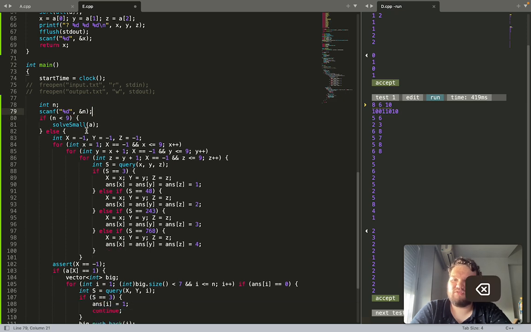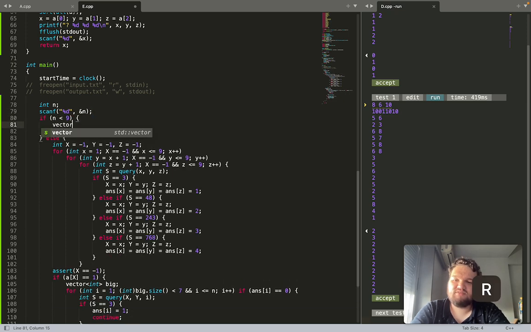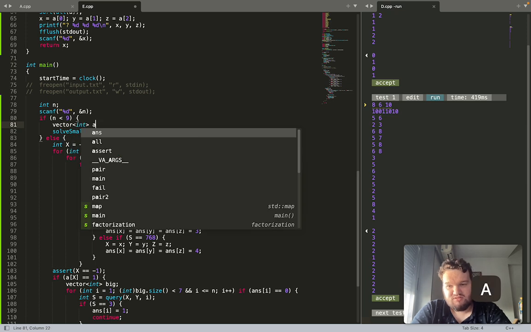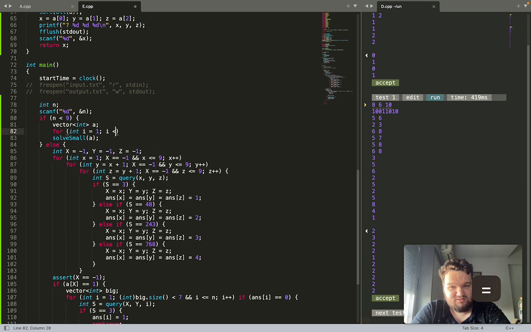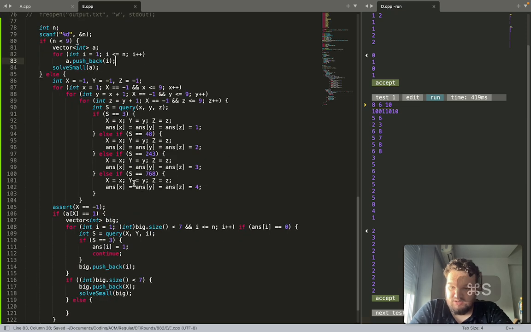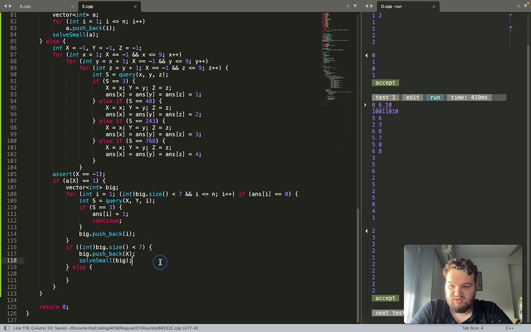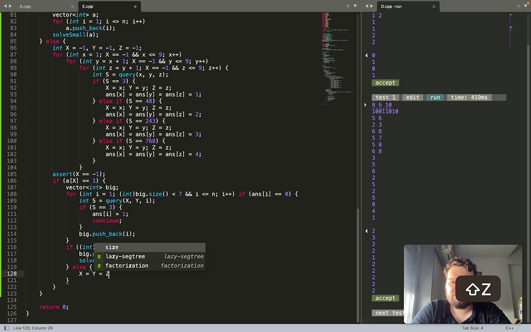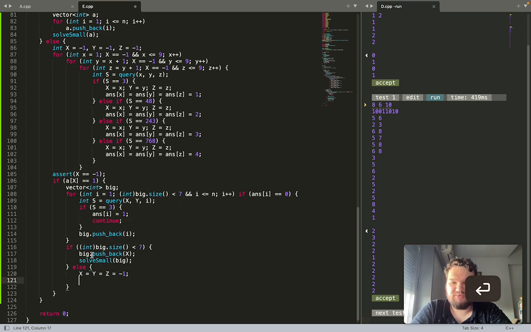This vector I will only create if I need it here. Okay. Then here I can find the triplet, but only among the elements of B.